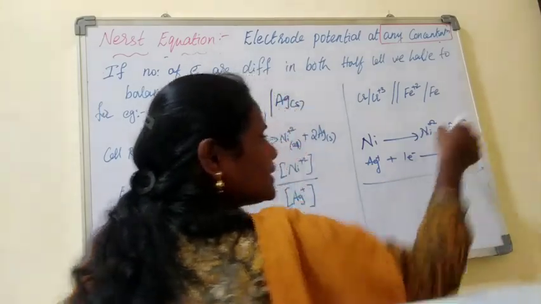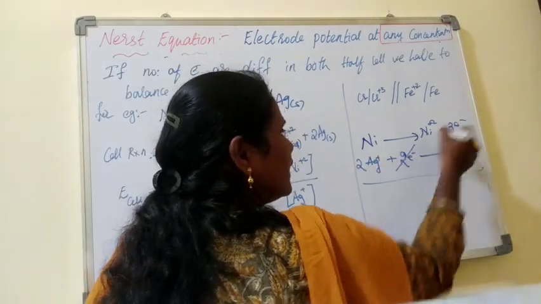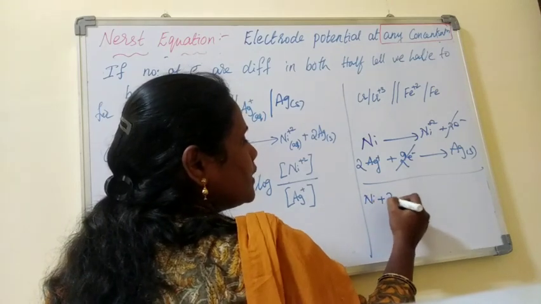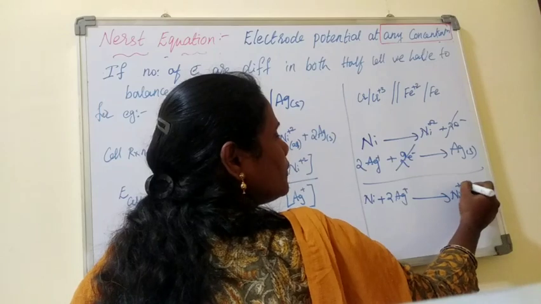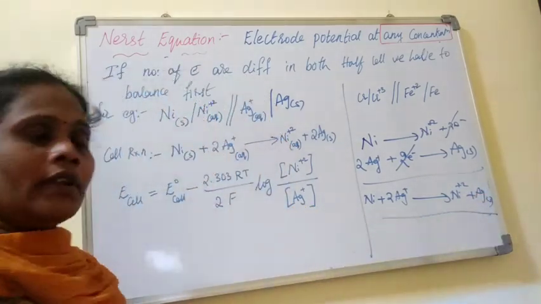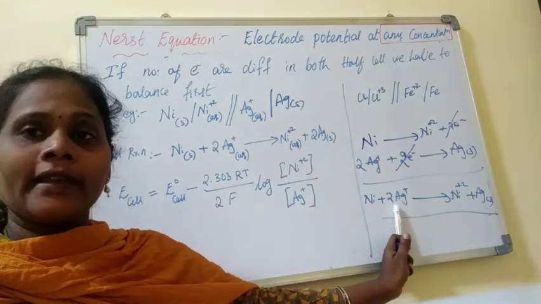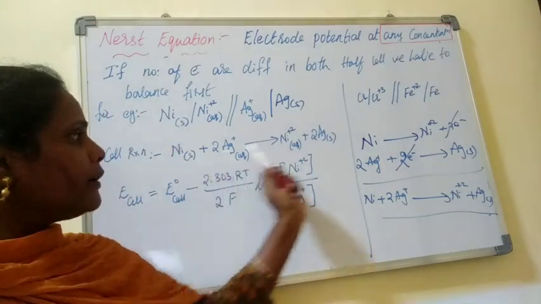It is not balanced. So in order to balance, we write 2 here and 2 here, and we remove the 2 electrons, and we write nickel plus 2 Ag+ converting into nickel 2+ plus 2 Ag solid. So this is my full net reaction. So anode reaction, cathode reaction, combine both reactions, and you will get the net reaction. Clear? So this is what I have written here.